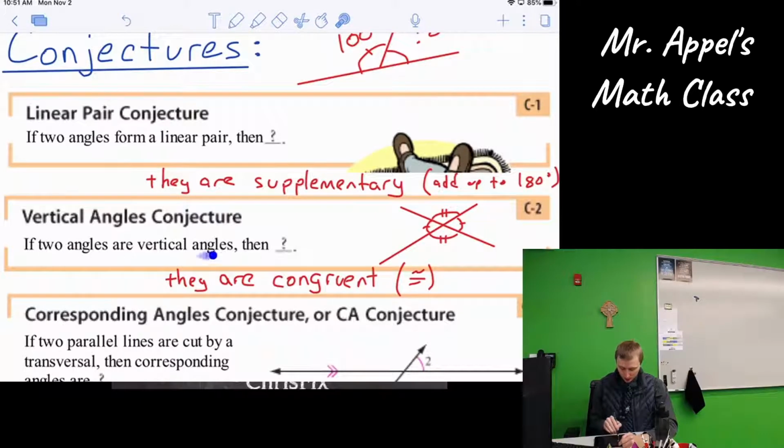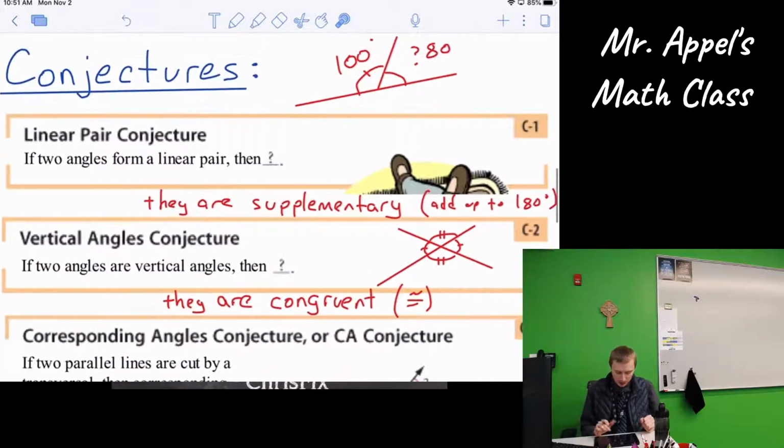If 2 angles are vertical angles, then they are congruent. But notice the language we've used here. We've written this as an if-then, a conditional statement, so that we could use it in a logical argument if you wanted to, say, prove something later on. That's why we have that language there.